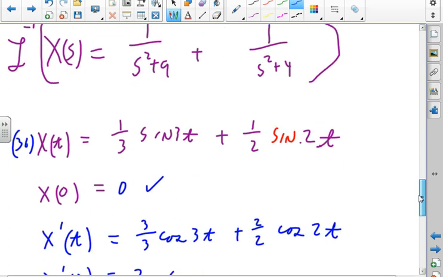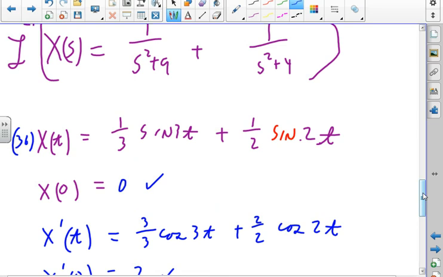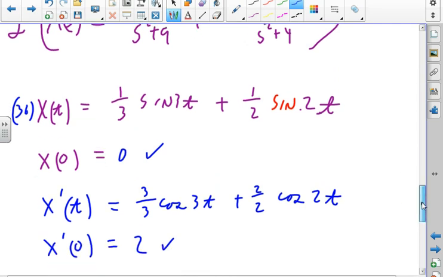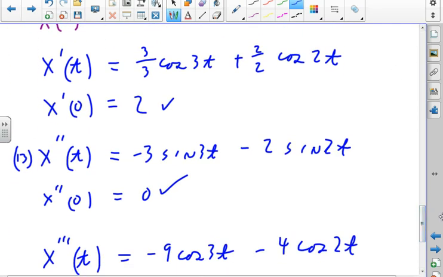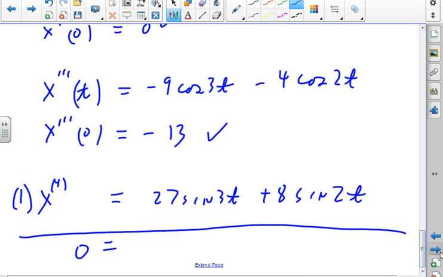Okay, so 3 goes into 36. That's 12. 12 there, and then I've got minus 3 times 13, and then I've got plus 27.